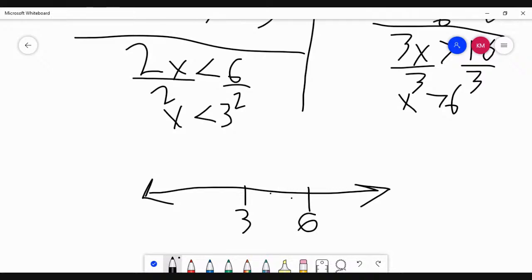Yes, you can graph it like this. So if x is less than 3, I'm making an open circle and I'm shading to the left. Or x is greater than 6, I'm making an open circle and I'm shading to the right.